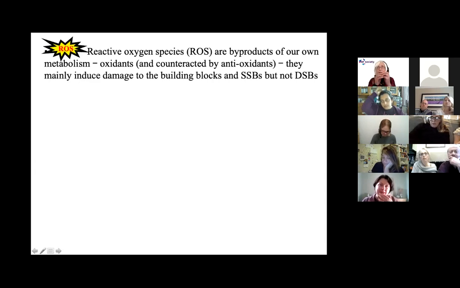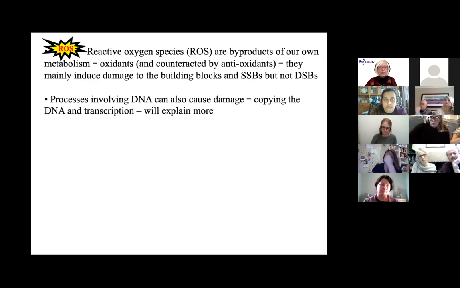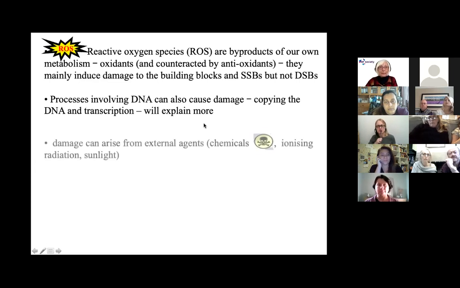The reason is that they don't have that much energy relative to the width of the DNA, so they can't damage both strands at the same time. You can get double strand breaks arising from two overlapping, closely spaced single strand breaks, but by and large, you don't get those double strand breaks. But also, processes involving DNA are complex, and they can cause damage as well. We're going to come back to talk a little bit more about that later.